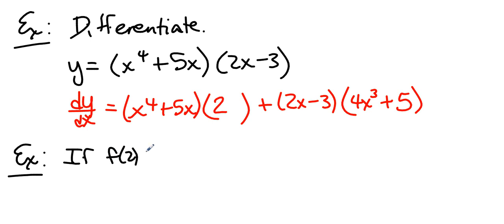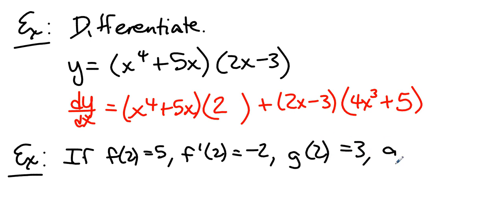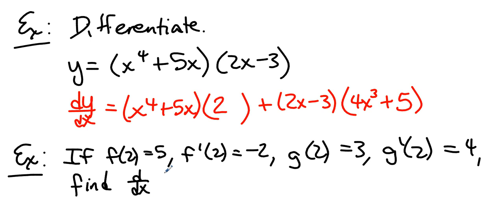If f of 2 is 5, f prime of 2 is negative 2, g of 2 is 3, and g prime of 2 is 4, find the derivative of f times g at 2. Well, this is also fairly straightforward.